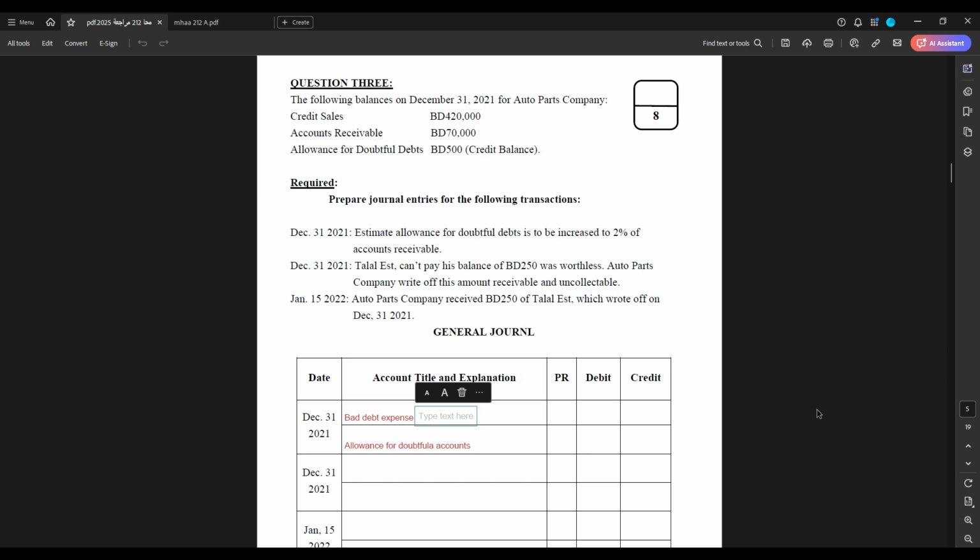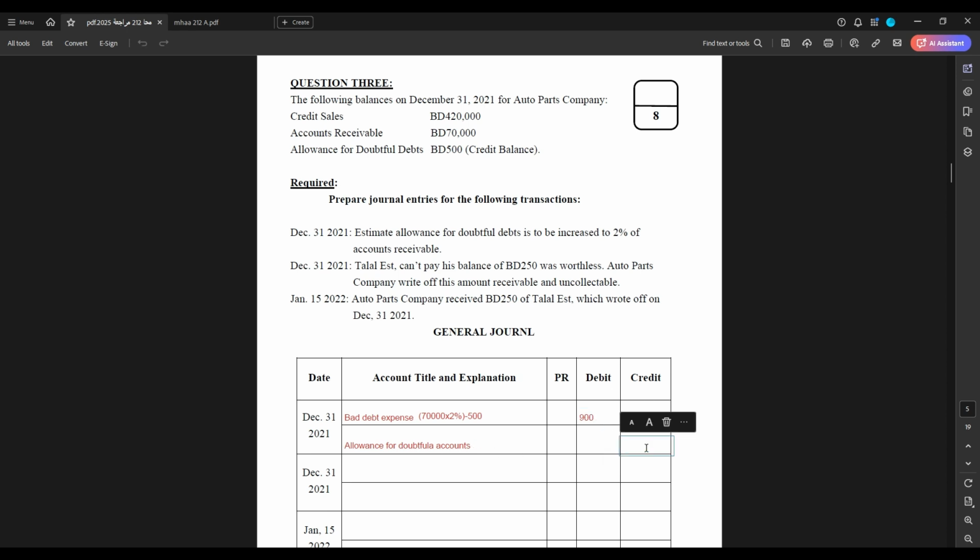So in a bracket, we will calculate the estimation: 770,000 accounts receivable multiplied by 2%, which will be 1,400, less the balance of 500. The total will be 900.